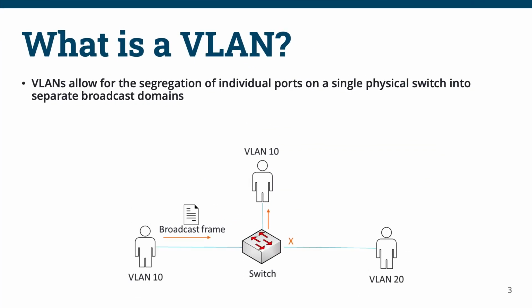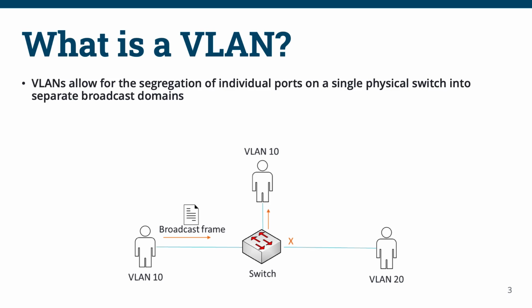As I mentioned, VLANs allow for logical separation of traffic. Specifically, VLANs allow us to configure multiple broadcast domains on a single physical switch and control which ports are a member of which VLAN.